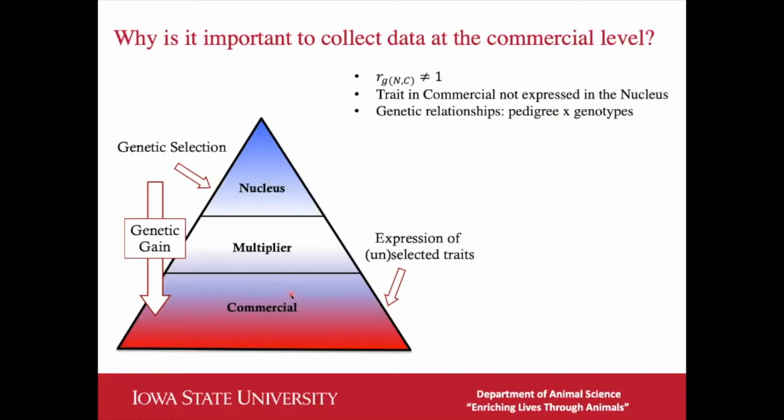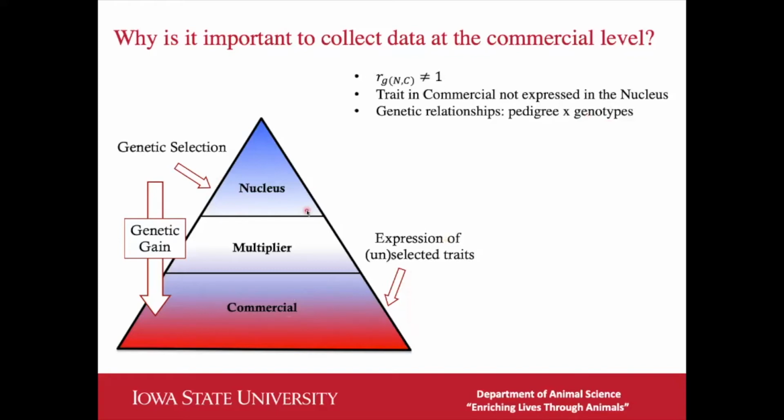So what does that mean? It means that the commercial level, which is the level that we want to improve our traits for, we actually cannot use that data because we don't have pedigree information. However, with the development of genotype platforms that have been getting cheaper and cheaper, we may now use this information back and identify which are the genetically best animals.